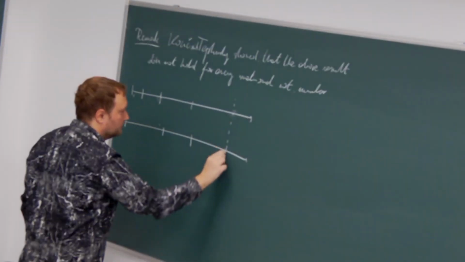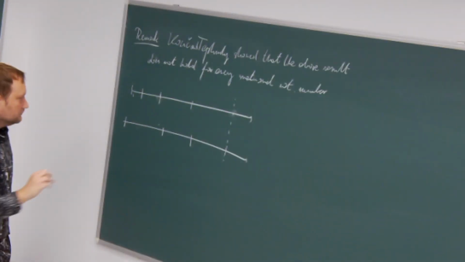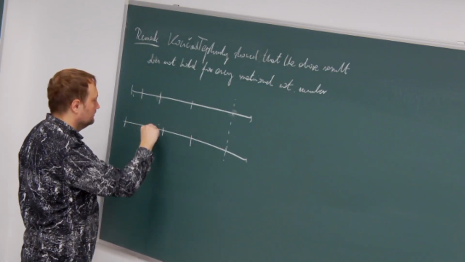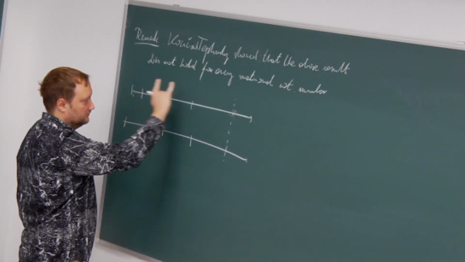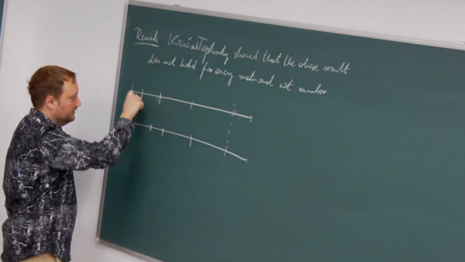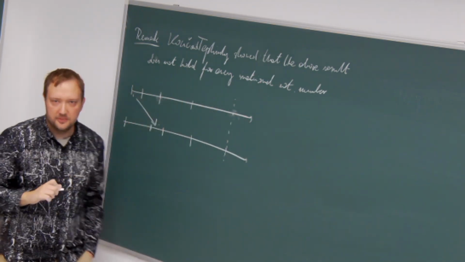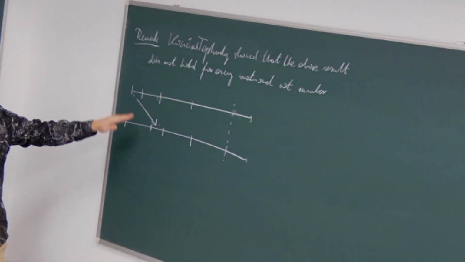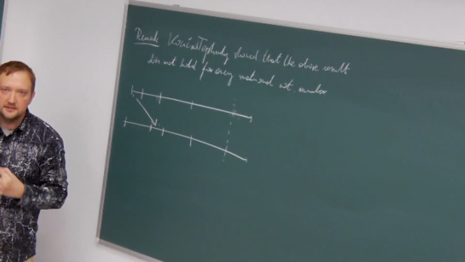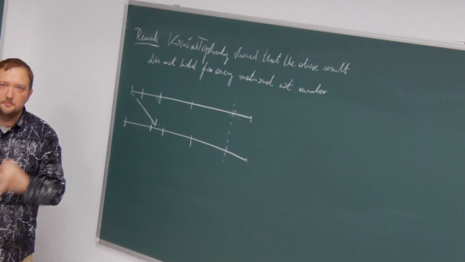And now I'm going to cut over here, right? And now this interval goes over here, which goes over here, and I get a different permutation, because here the first interval went to the last one, and here the first one went to the second one. So in this case, the permutation that we get depends on lambda.